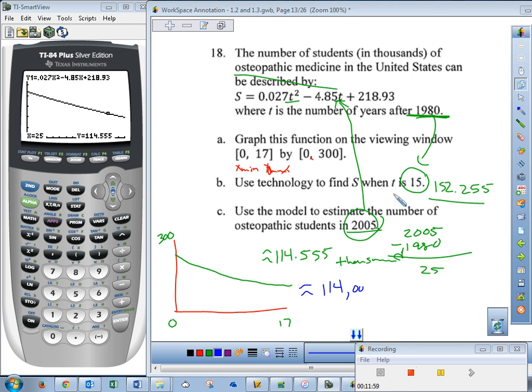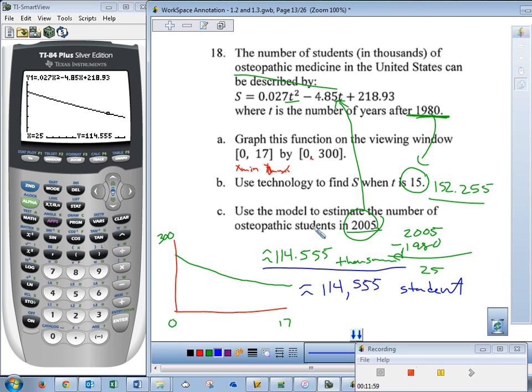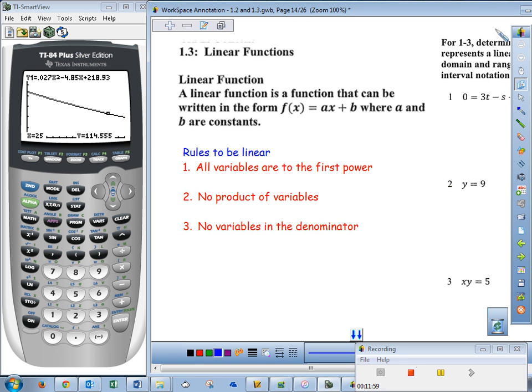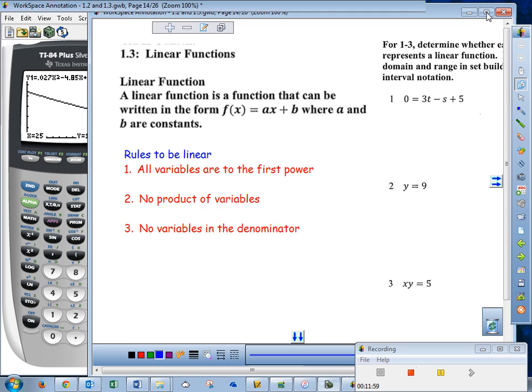Oops, how about 555 students? Instead of saying 114.55 thousand students, I took that decimal times 1,000, which moves it 3 places to the right, and then you get about that many. Yummy? Yay for graphing calculator. You'll say that a lot this class. Let's go to section 1.3 now.